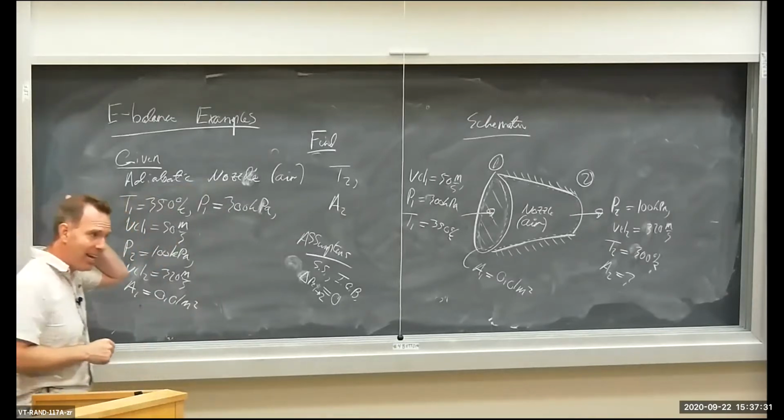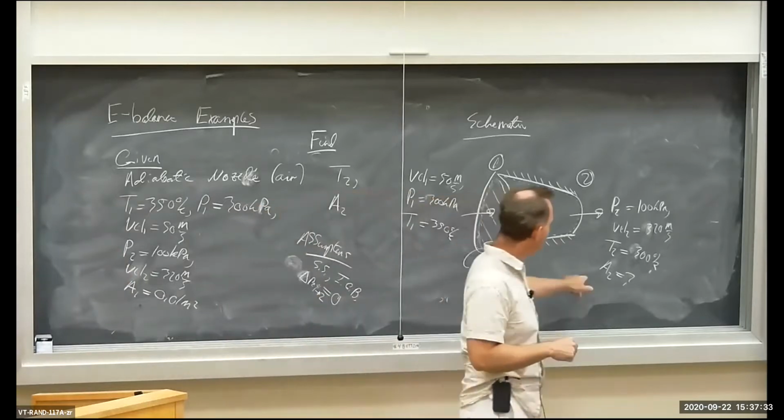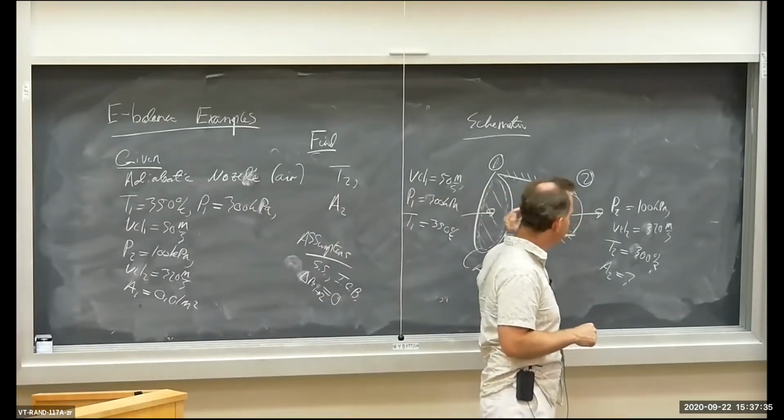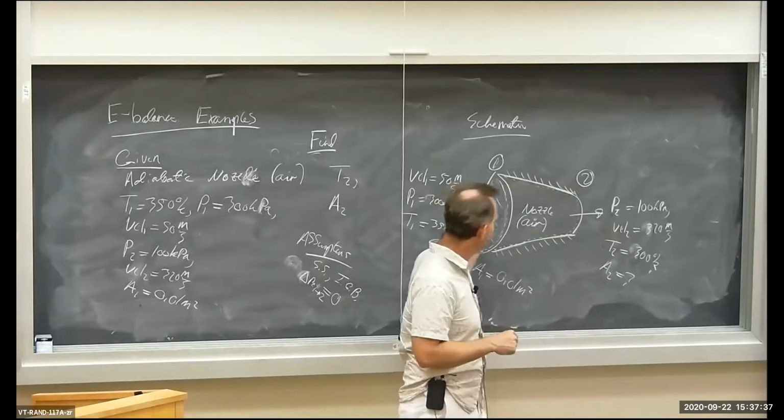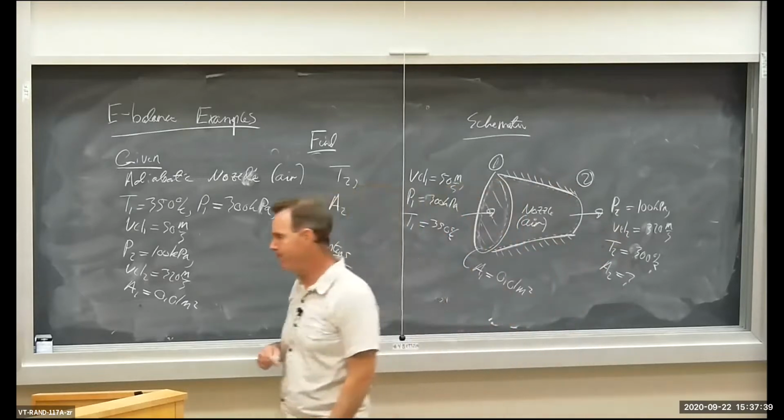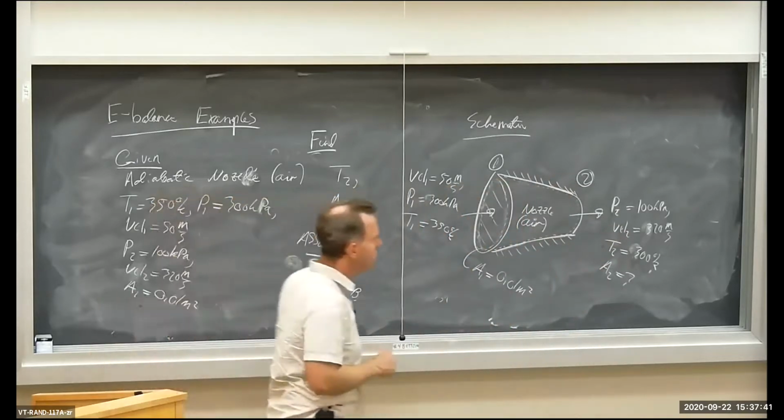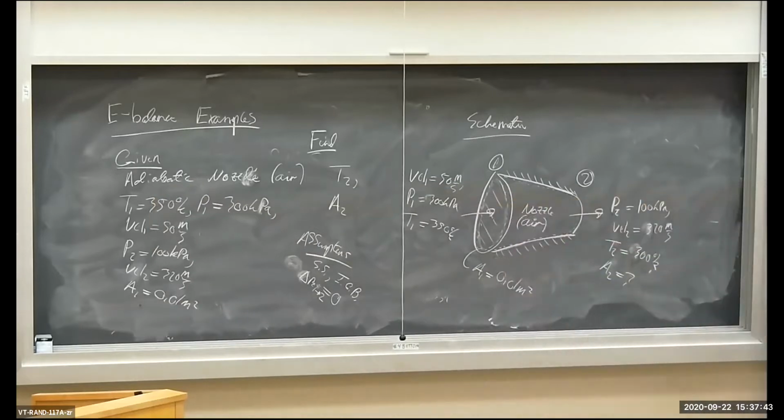Let's calculate the outlet flow area, A2. How large does this area have to be for the air to flow in and then flow out? Clearly this is a conservation of mass problem. So how do we know the outlet area? We're going to apply conservation of mass. We already did that, and we found that the inlet and outlet mass flow rates are the same.